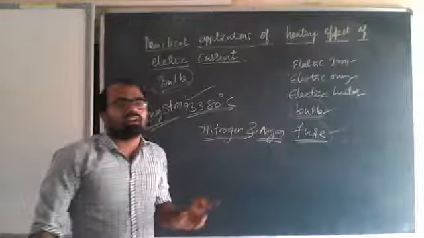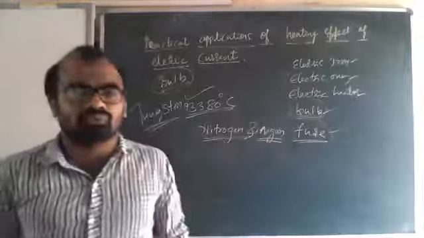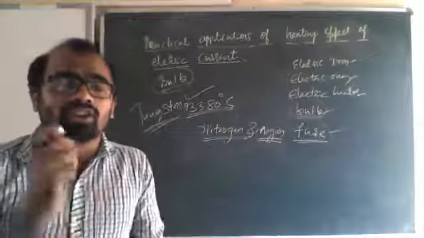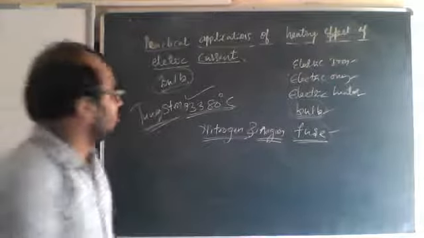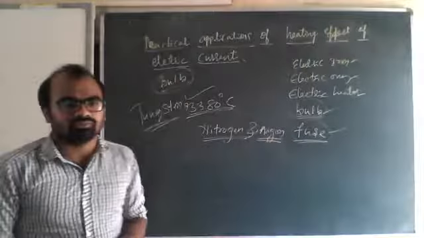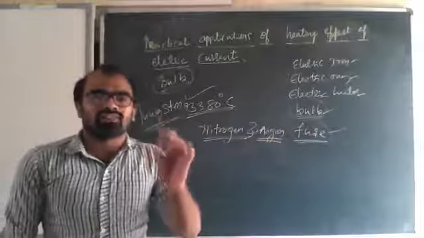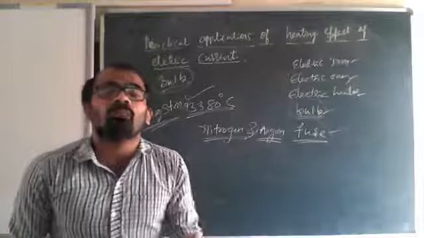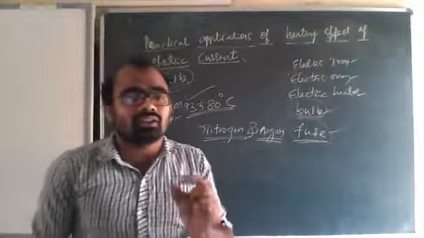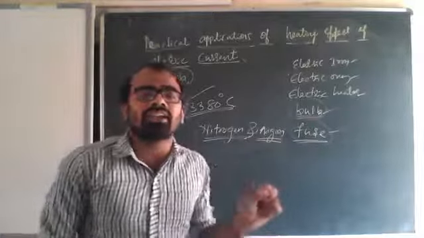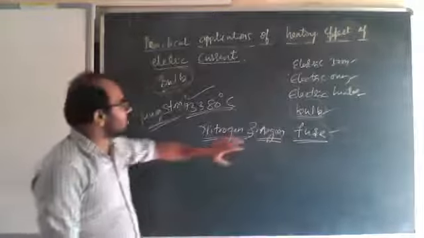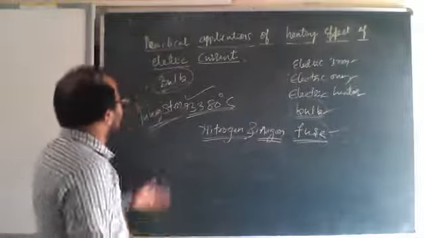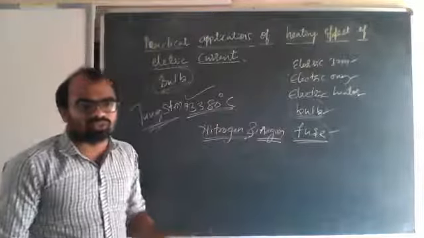These two are non-reactive. Mainly argon is filled. Why is argon preferably filled? Because it is a noble gas. Argon, krypton, xenon, radon, neon, these are all noble gases. They will not react with any material easily. So these will not react with tungsten, and hence tungsten will not convert to tungsten oxide.